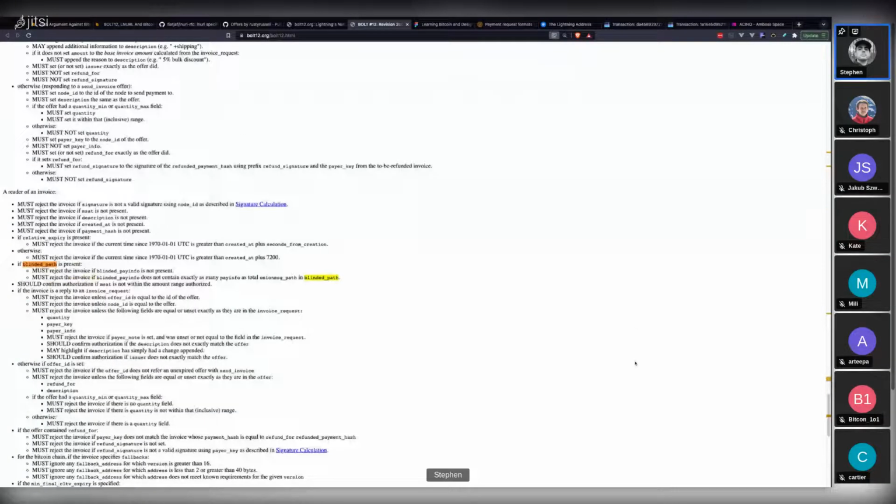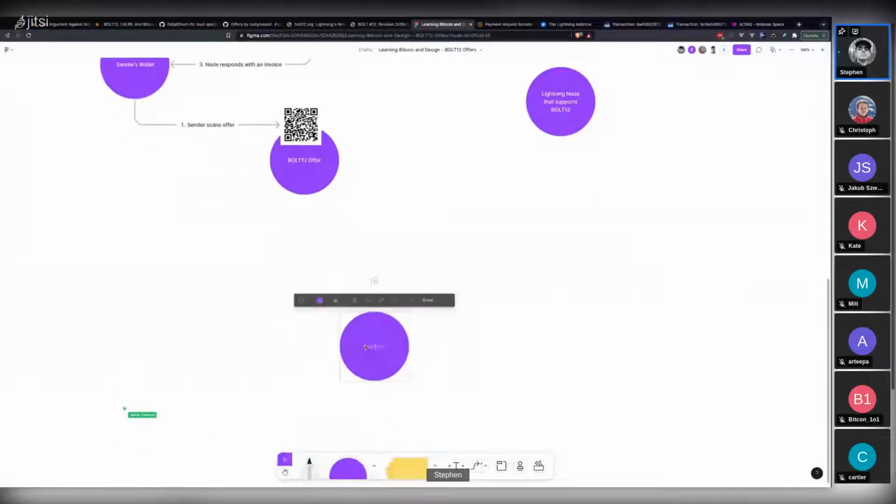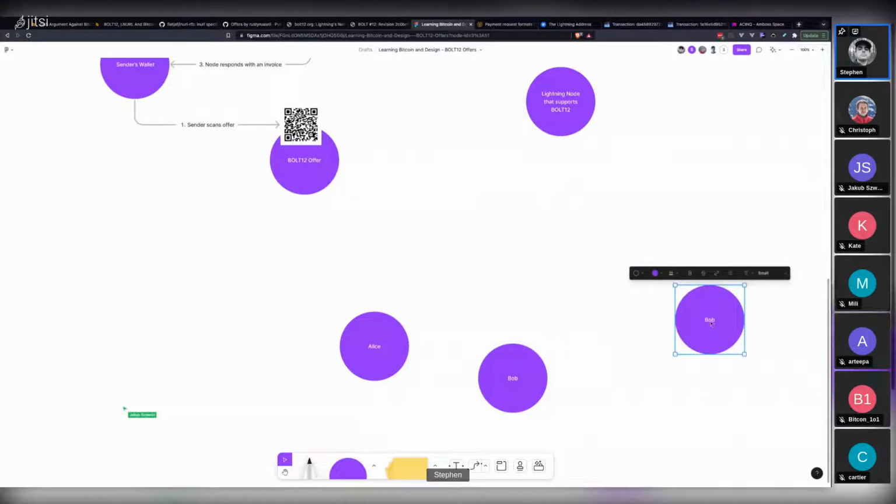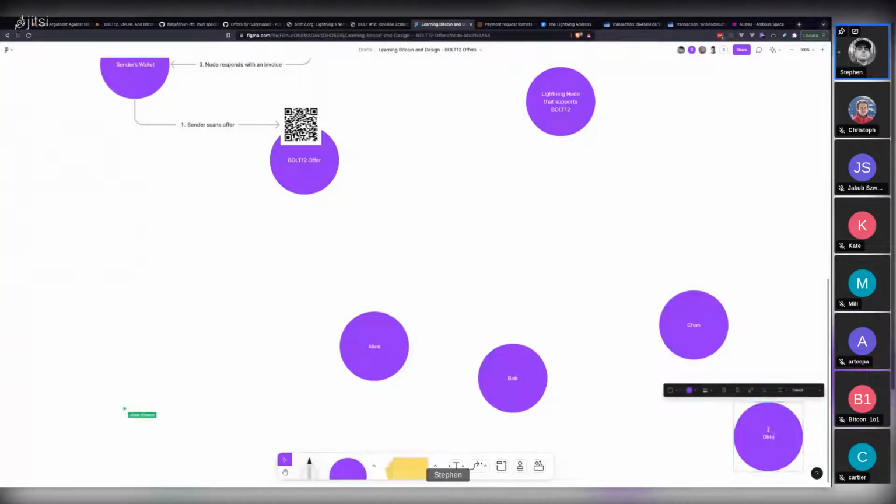Well, the thing about Lightning is that you already have that situation, where you have multiple different nodes routing payments to each other. Hold on, let me get back to my Figma window. A real simple example: we have Alice's node, Bob's node, Chan's node, and Dina's node, and they can all route payments to each other.